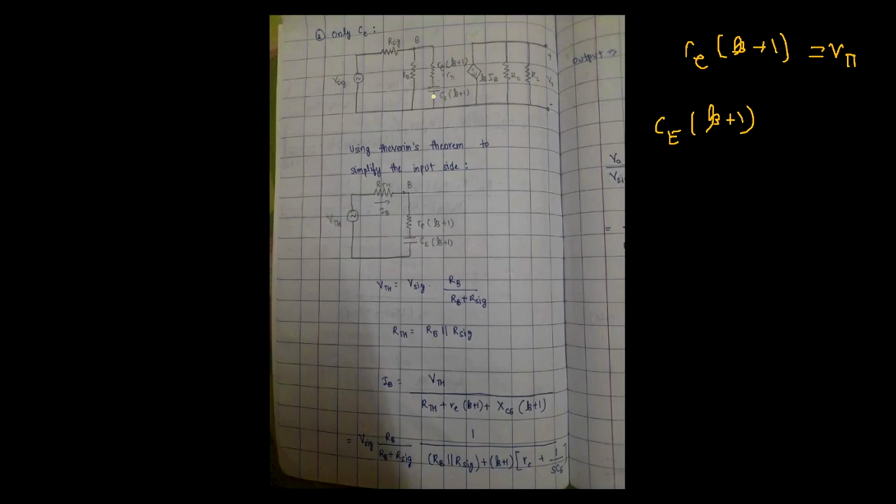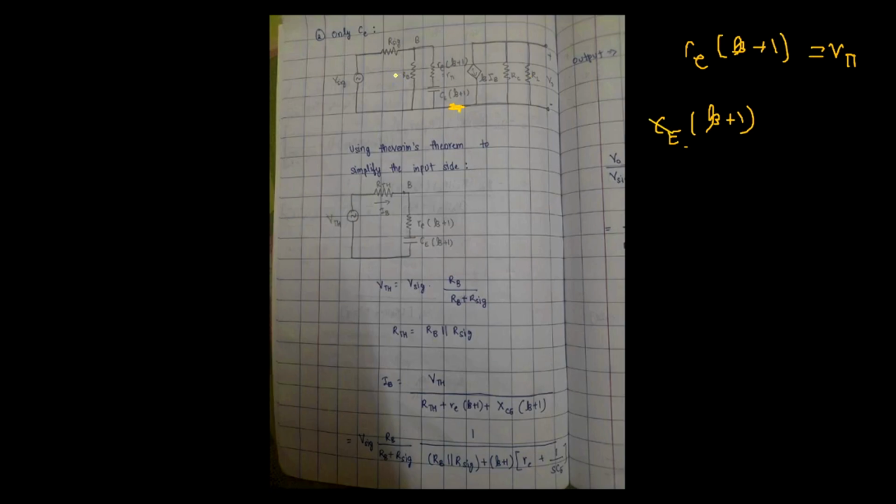The emitter capacitance is actually supposed to be on the emitter terminal, but since we are taking all our devices on the base terminal, we are going to take our capacitance here and replace it with a capacitor of the value C into beta plus 1.